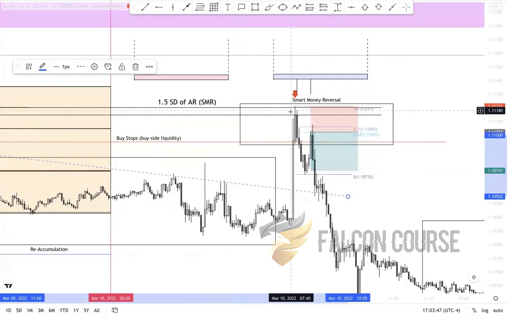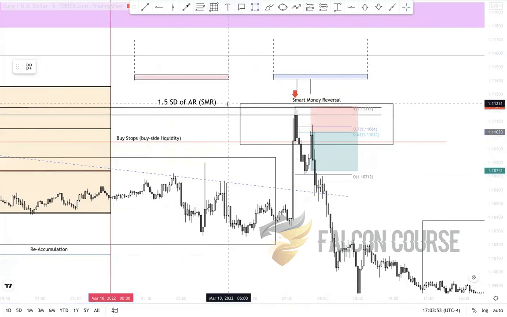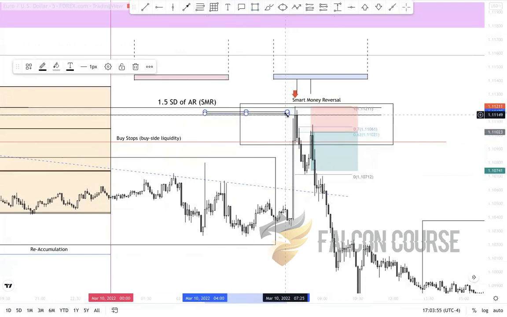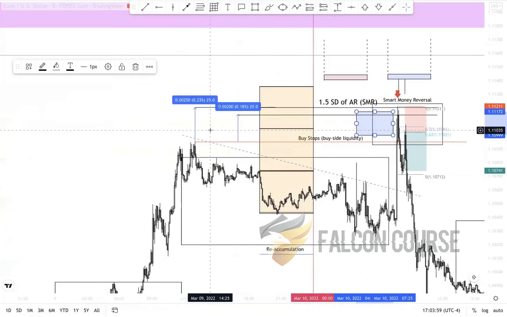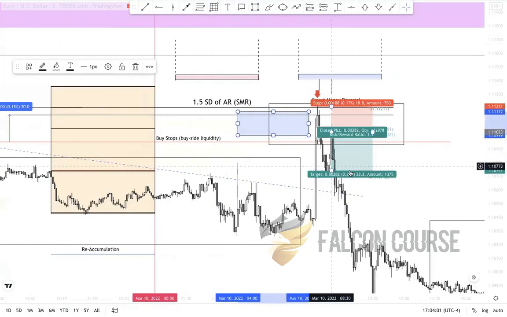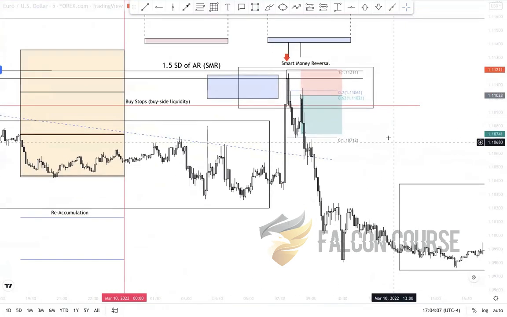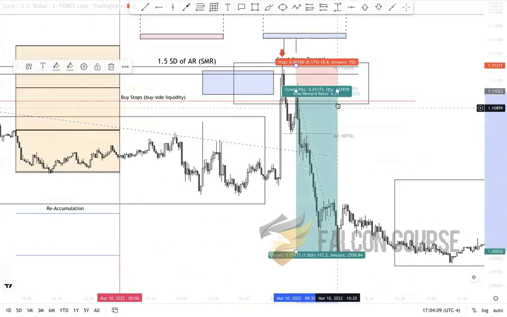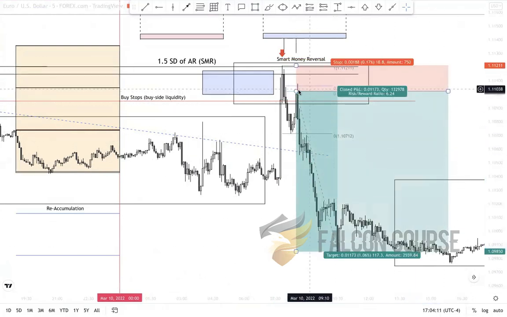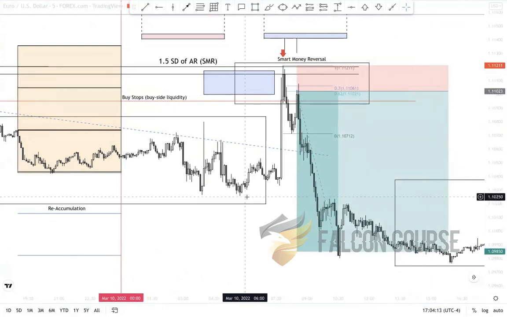Or this could be, let's say, a fair value gap. So imagine that here on the left side, we would be filling a fair value gap from the left side. And you see something like this, the impulsive, the pullback, retracement, then that's a pretty clean trade right there.